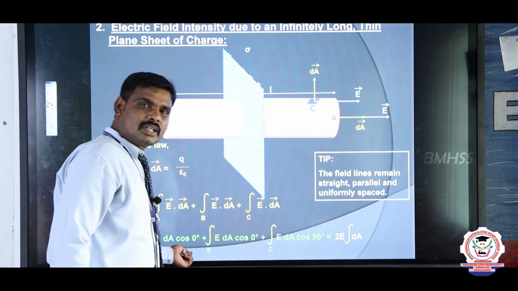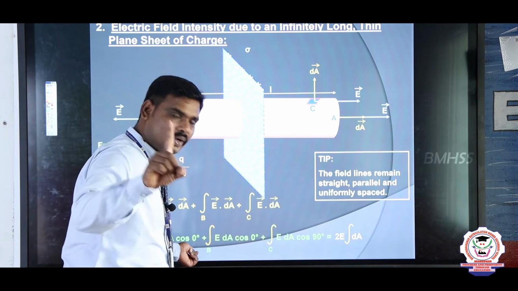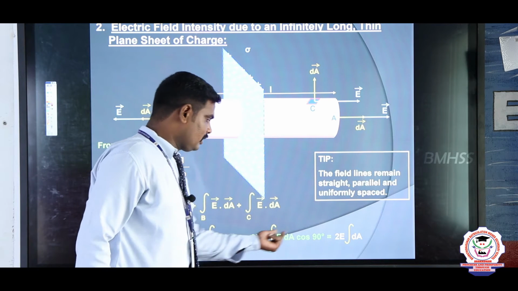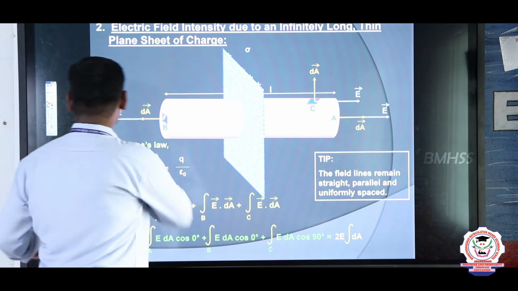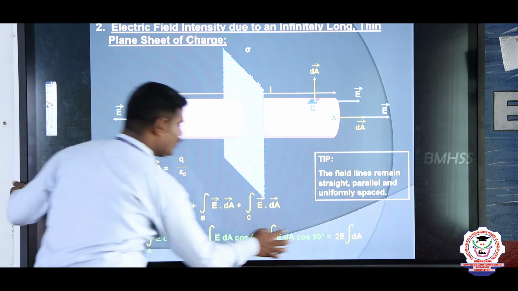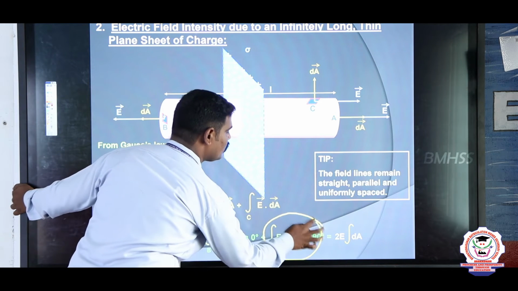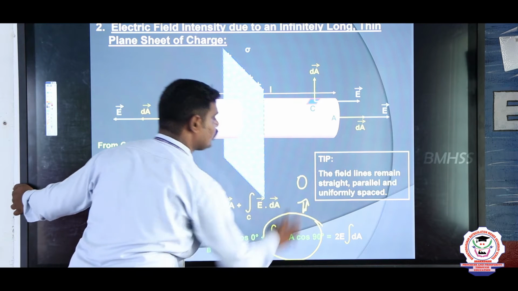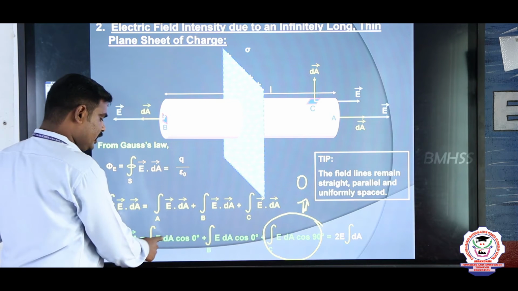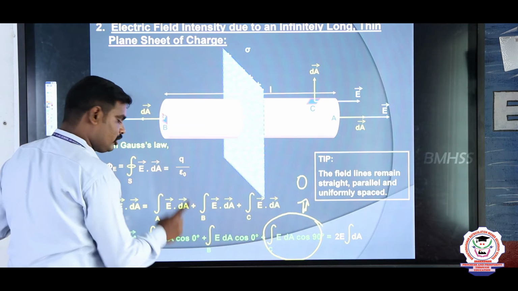Cos 0 is equal to how much? 1. Cos 0 equals 1. Cos 90 is 0. So this term will be equal to 0.